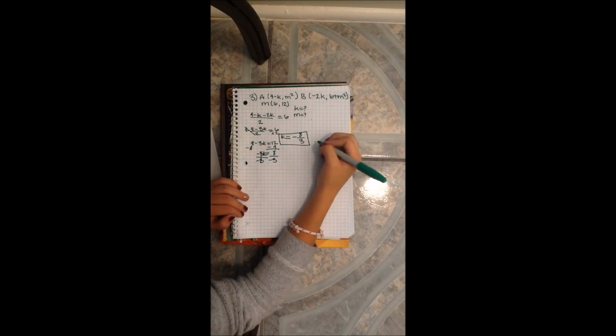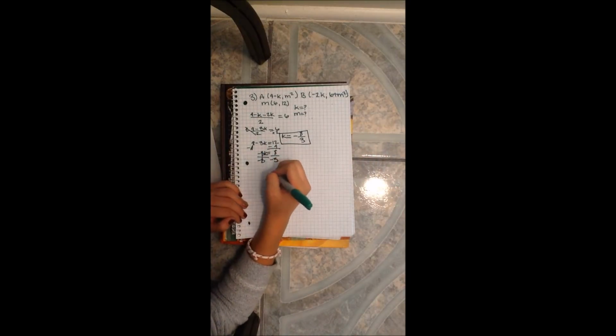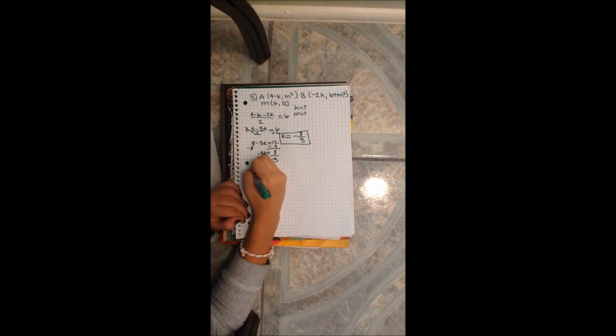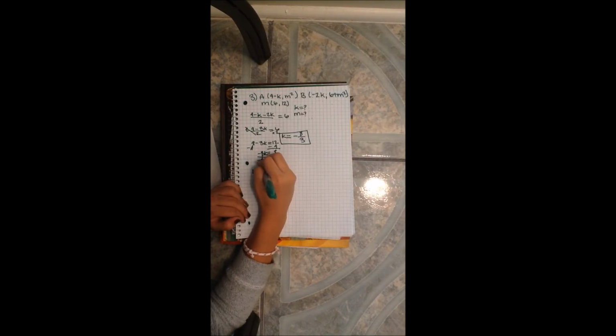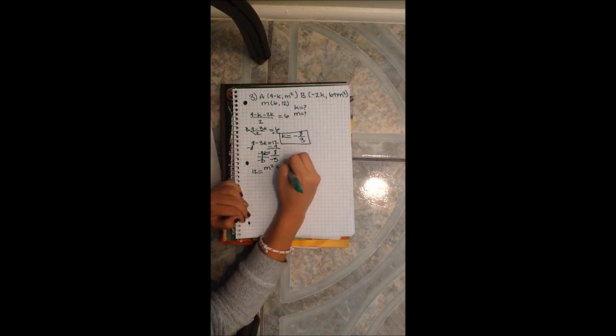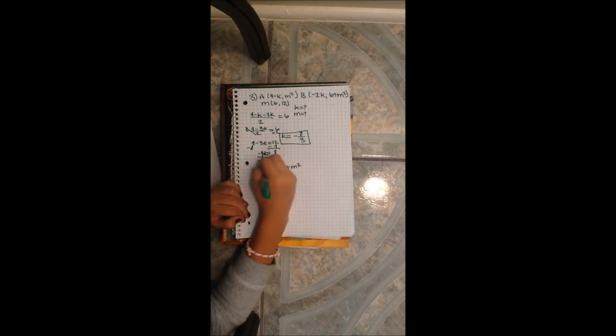And then to find m, you would use your m variables. So it would be 12 equals m squared plus 6 plus m squared over 2.